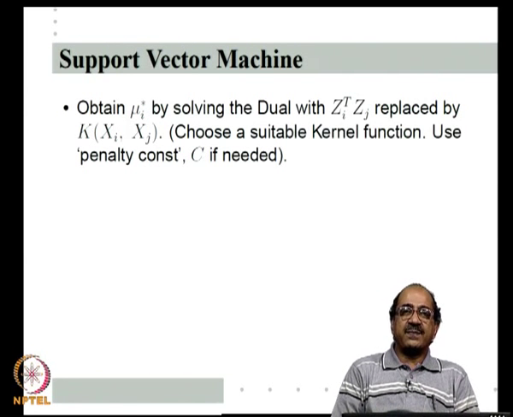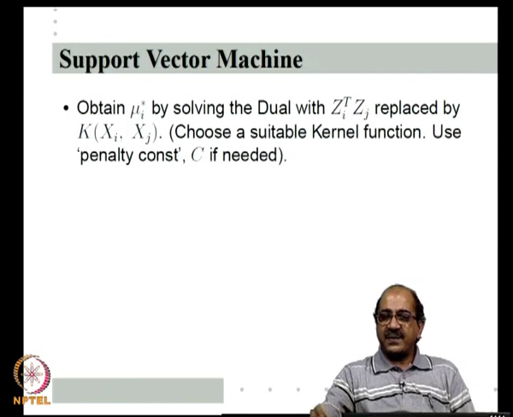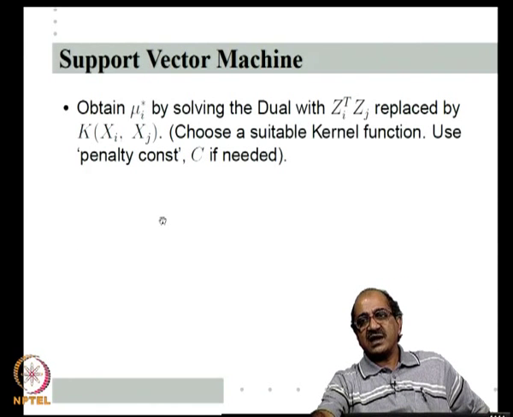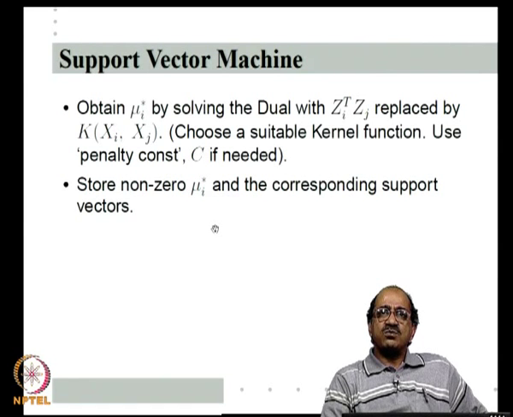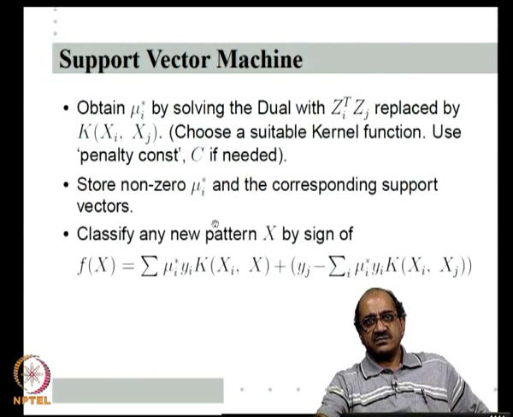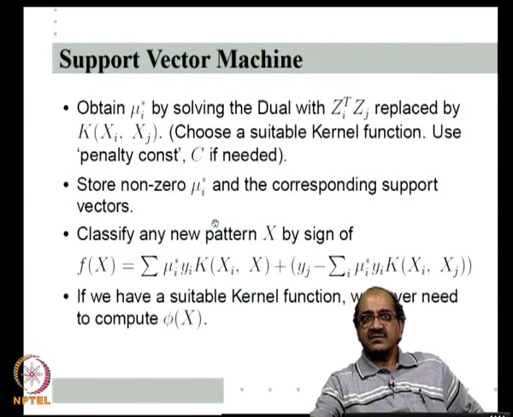Now, I can use a penalty constant c if needed, and as we said, using a penalty constant c is simply a matter of putting an upper bound on mu. So, in the dual solution, it is a very simple thing to incorporate. Once I got my mu_i stars, I store non-zero mu_i and the corresponding support vectors. Now, I am ready. Give me any new pattern, this is what I compute and classify.